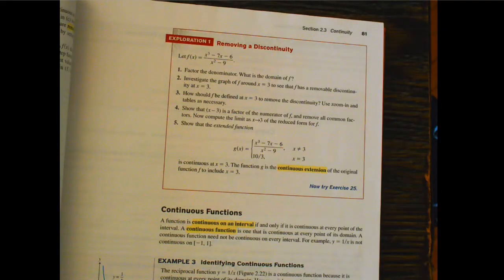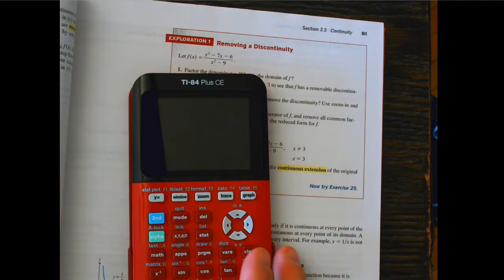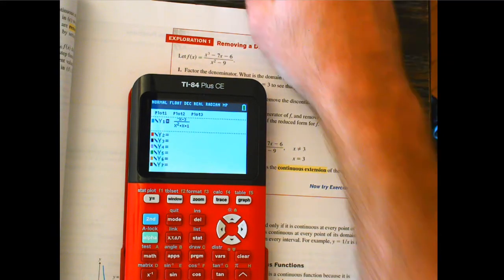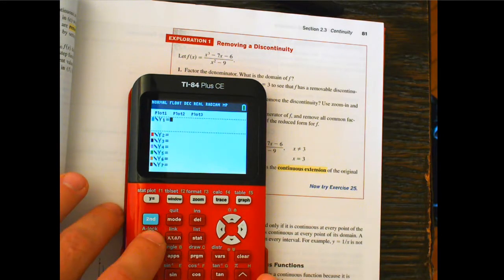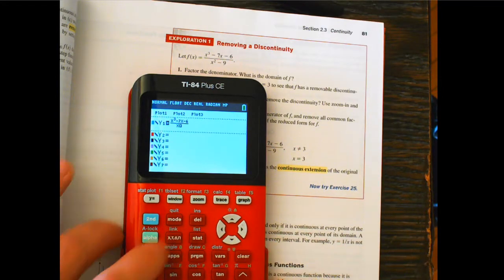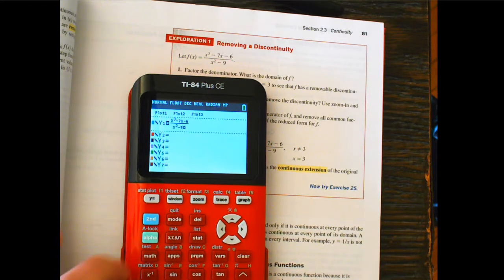Let's look at what B has. Investigate the graph of f around x equals 3 to see that f has a removable discontinuity at x equals 3. Okay, so I have to investigate a graph. If I'm investigating a graph, I'm going to pull out my calculator right here. I've got x cubed minus 7x minus 6 over x squared minus 9.